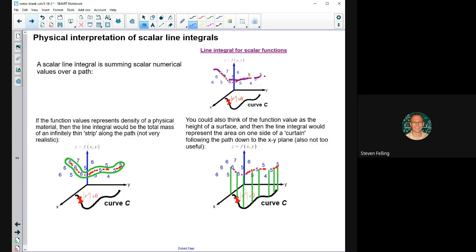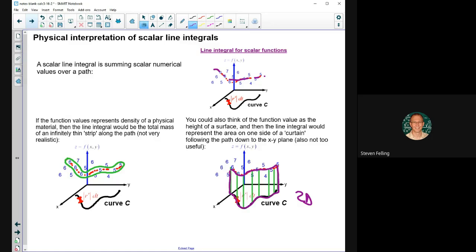Another way to think of it is if you have a two-dimensional system, specifically a two-dimensional domain here, and the integrand is thought of as a height, then you can think of it as summing all these heights. And basically what it's doing is giving you the surface area of a curtain that's following the path in the domain.